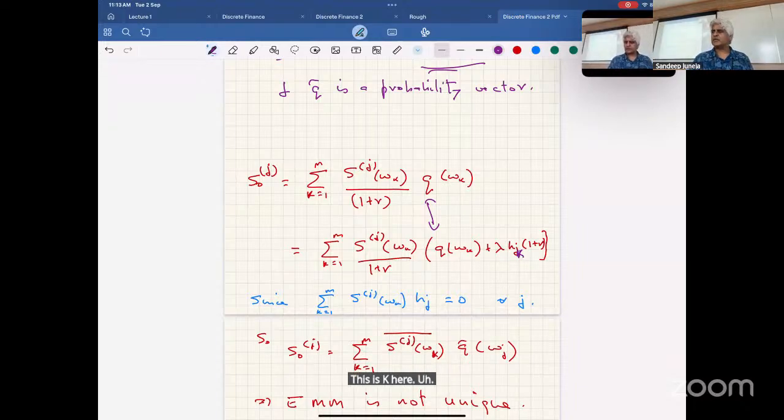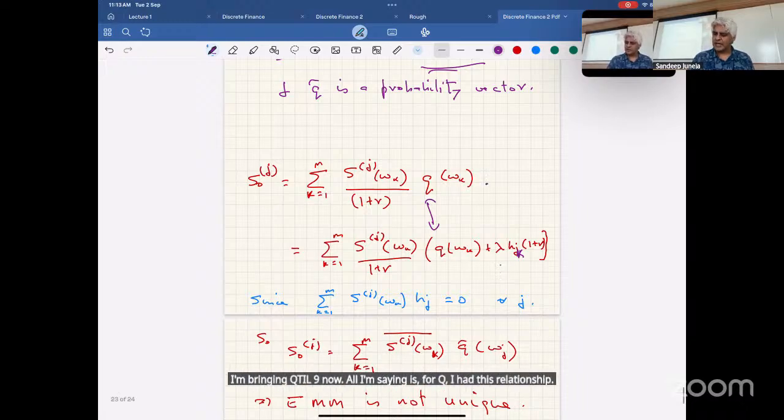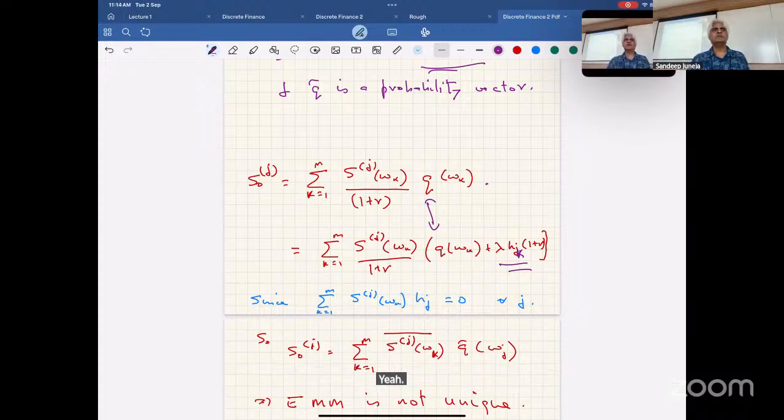No, that's not Q tilde, I'm bringing Q tilde in now. All I'm saying is that for Q, I had this relationship, and just by adding this, the relationship still continues to be true. That's because the summation of Sj omega k times hk, k equal to 1 to m, is equal to 0, because my h was perpendicular to all the s's.